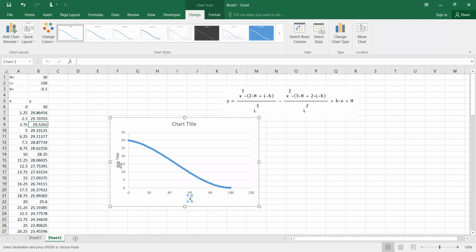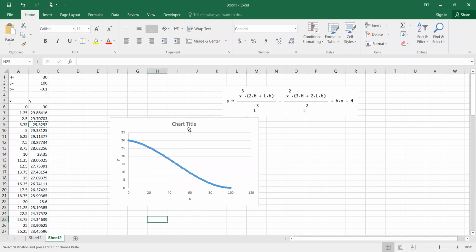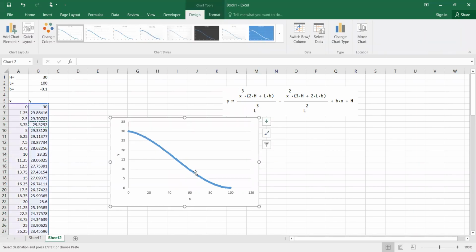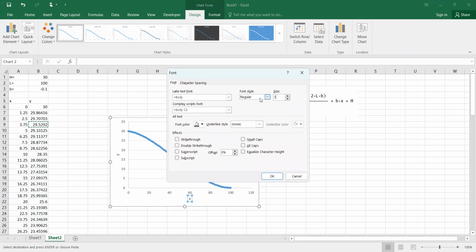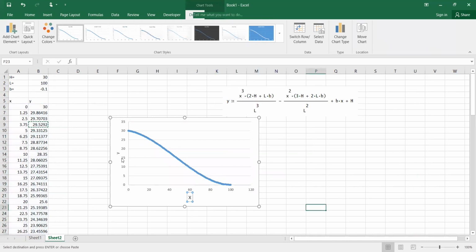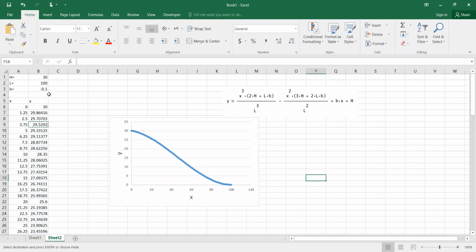I want to make it 16. Make it 16 here. Now for b, b is the initial slope.